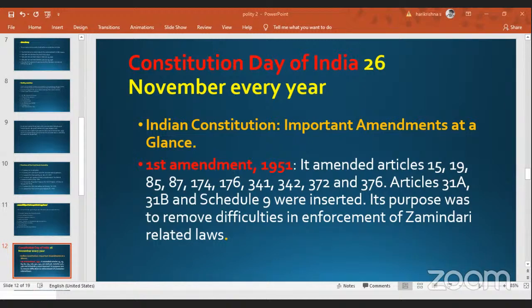The next is the Seventh Amendment, 1956. The main purpose was reorganization of states and introduction of union territories.